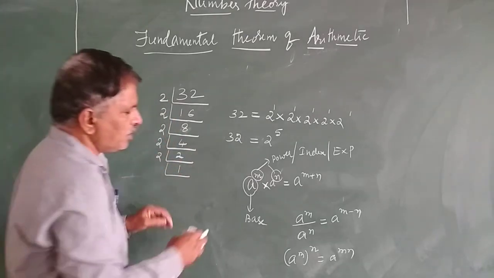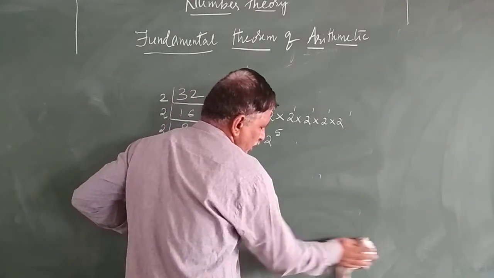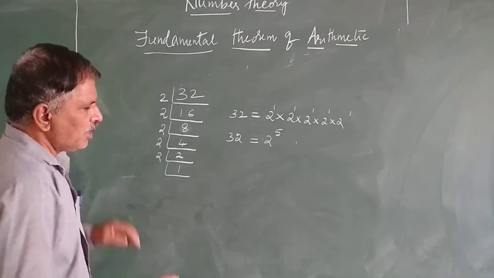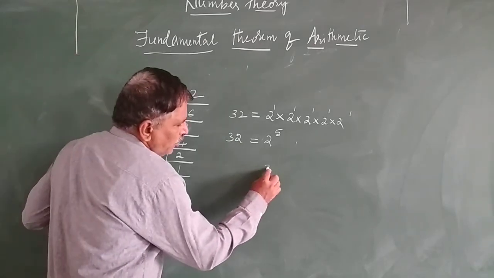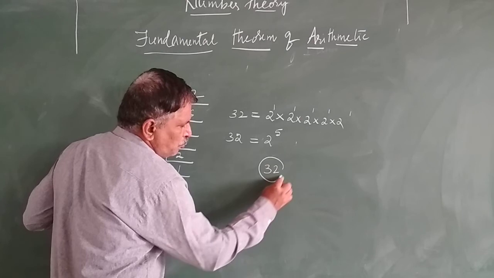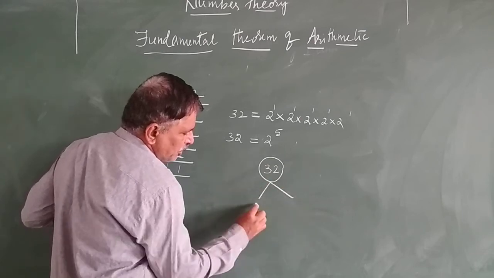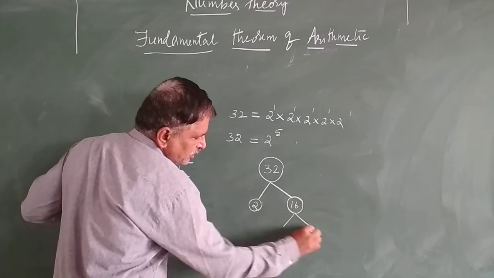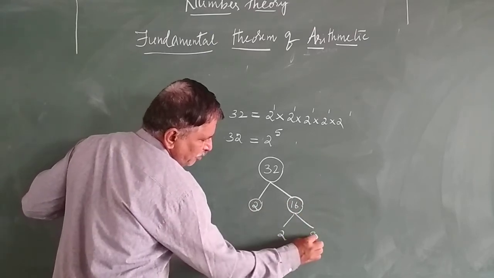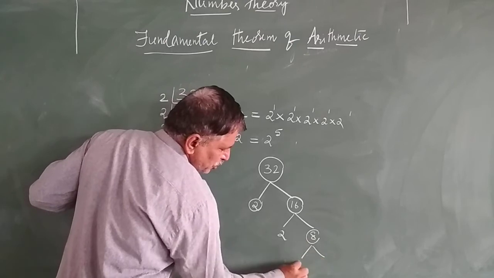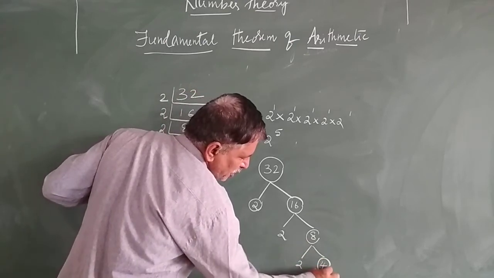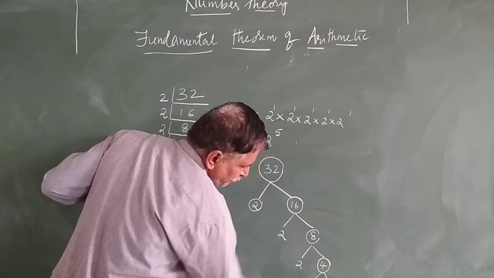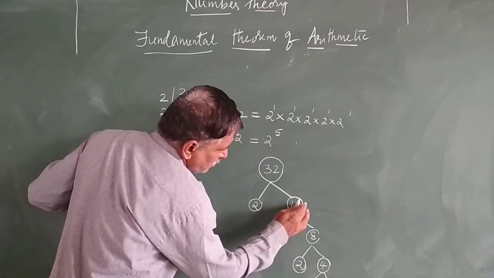This is one method few students will do, the prime factorization method. Still few will do it like this also. 32 can be written as 2 into 16, next 2 into 8, 8 is 2 into 4, 4 is 2 into 2.